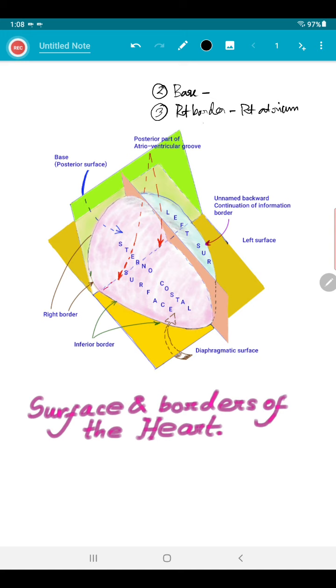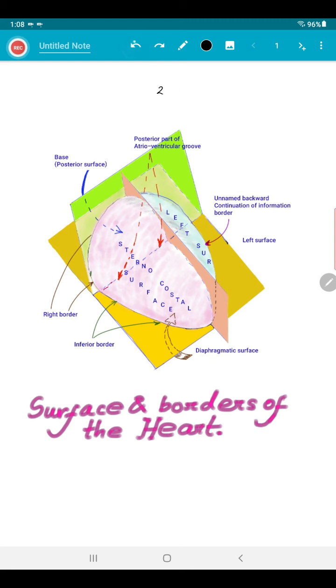Number 4, the diaphragmatic surface is only formed by the two ventricles. So these 4 are the only features of the heart.